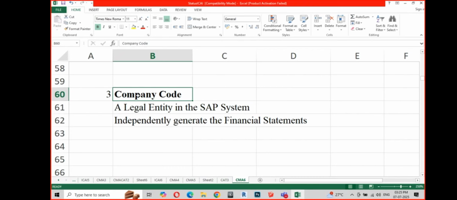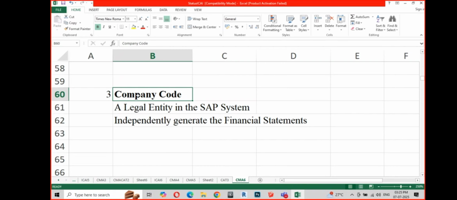Clear? That is all. One more line you can add to define a company code is: whatever you identify as the company code, it must independently generate its own financial statements.